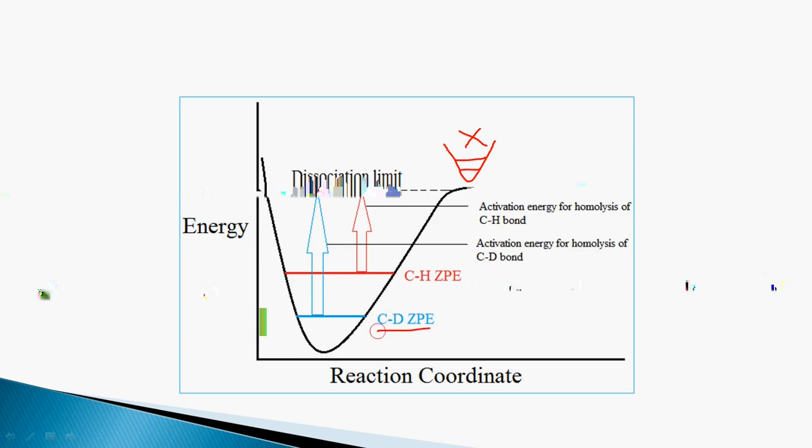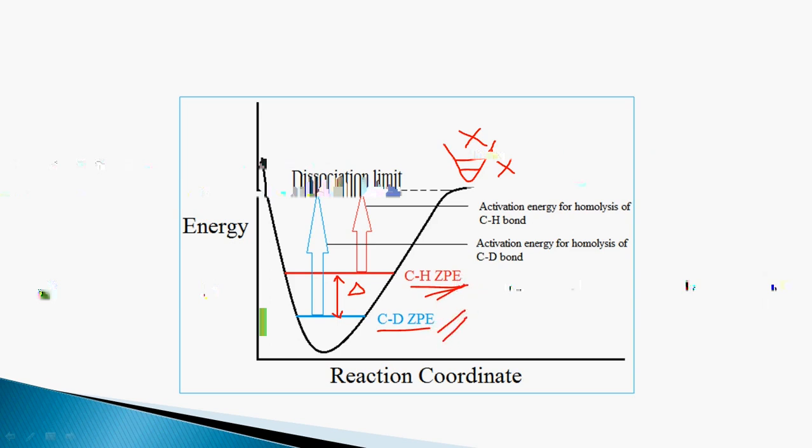So the reactant of course has the zero point energy of the vibration of the CH or CD bond, but there is no corresponding stretching vibrational mode in the transition state. So what will be the KIE of this reaction? That is entirely controlled by this difference in zero point energy. This is the difference of ZPE in the ground state, or what you call the reactants.